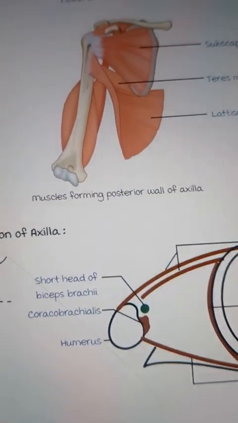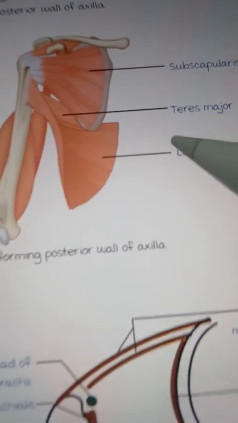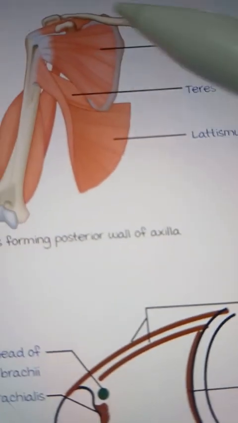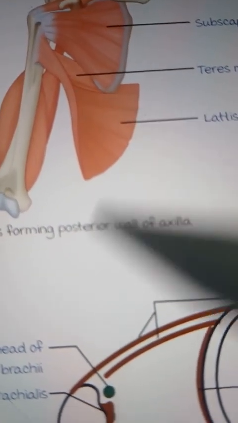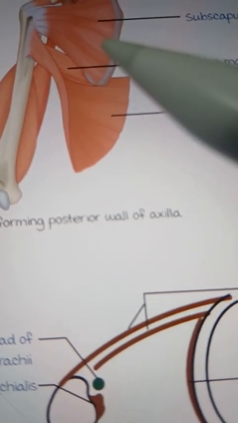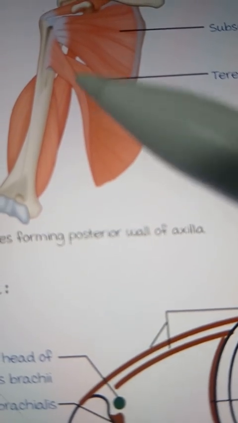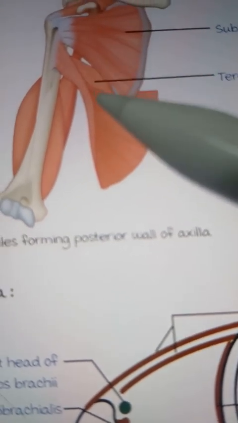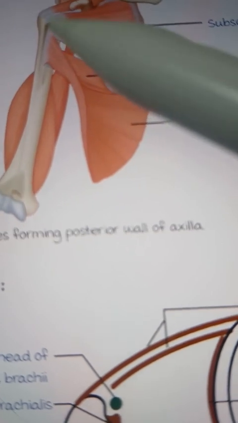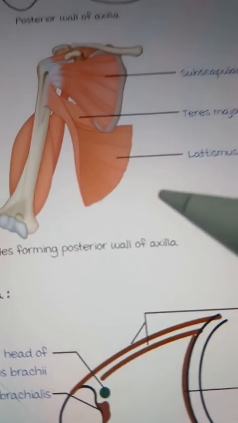Then we have the muscles forming the posterior wall of axilla. Again, this muscle is subscapularis, and these are latissimus dorsi and teres major. As you can see, these two muscles are getting inserted on the anterior shaft of the humerus.